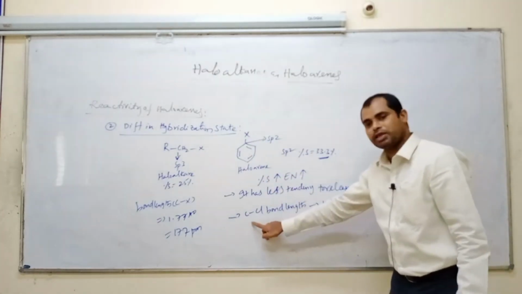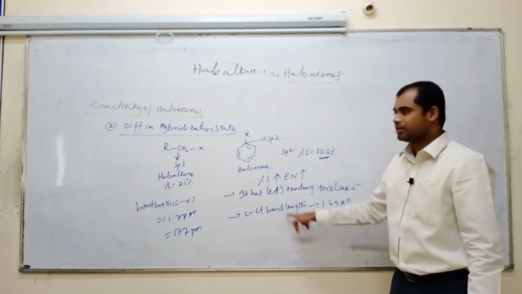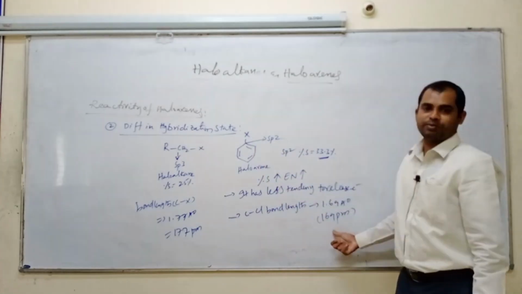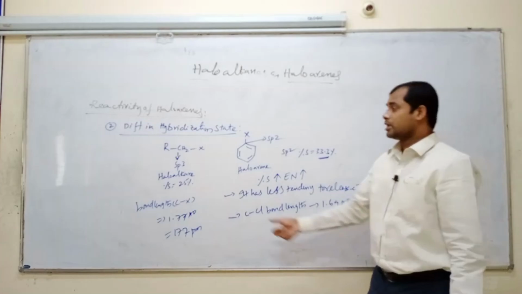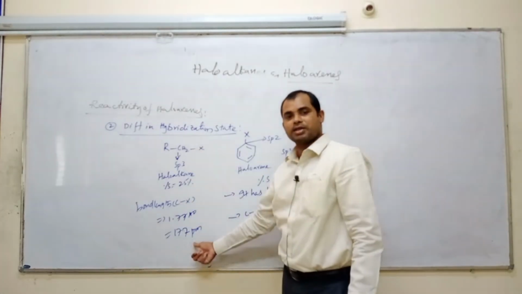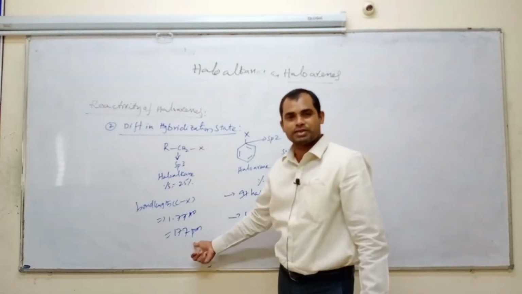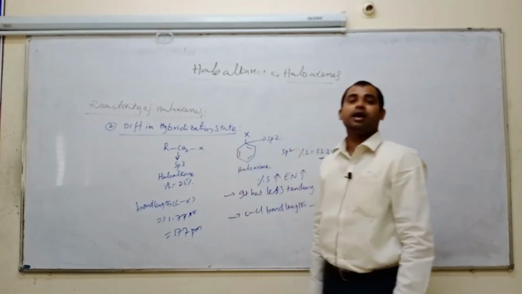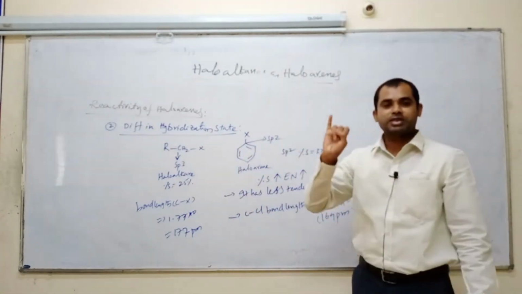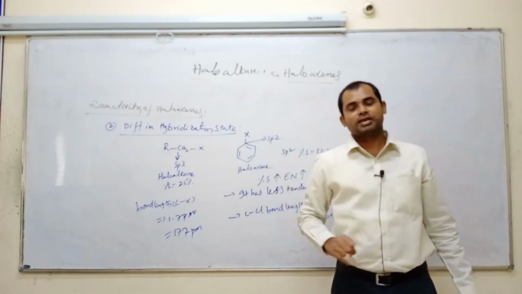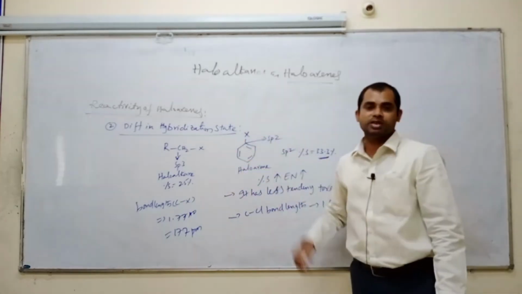The carbon-halogen bond length in a haloarene is 169 picometers, a shorter bond length, so bond breaking is very difficult. Here the bond length is 177 picometers, so the bond cleaves easily. That is the difference in the hybridization state of carbon atoms. First reason, resonance effect; second, difference in hybridization state.